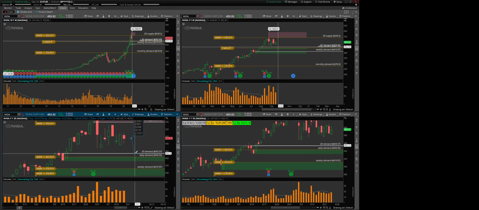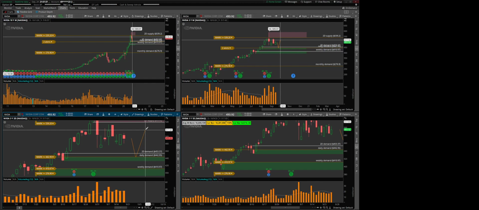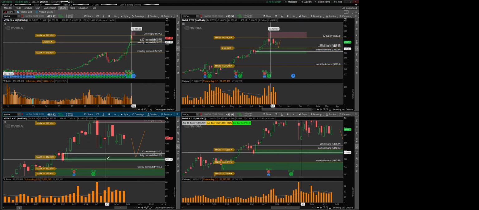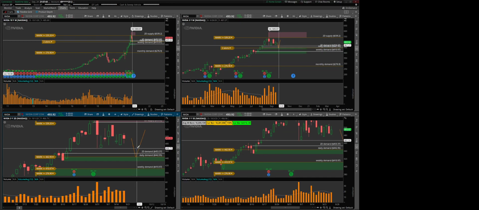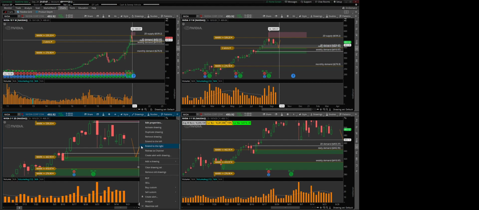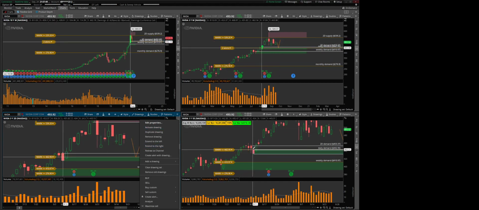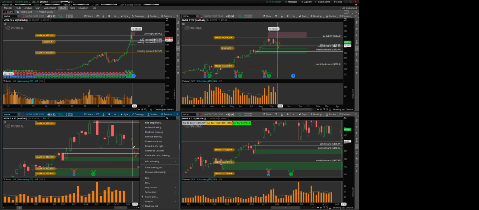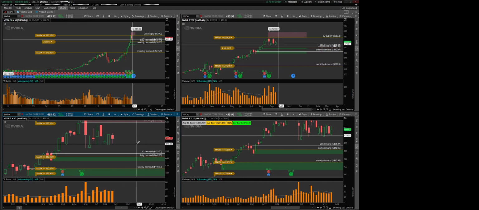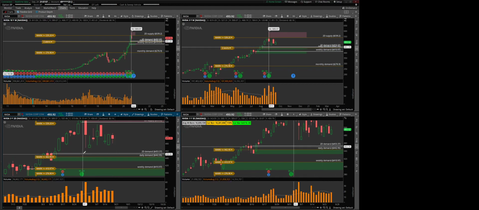Nvidia might even just drop all the way until daily demand, not respecting this 2-day, and then take off. So this 2-day will still be valid, and this daily demand will still be valid. But if we want to get a sniper entry, the daily demand would be the one to target because it had a cleaner pattern that formed.